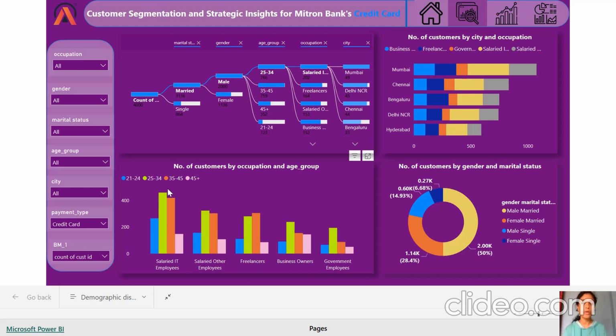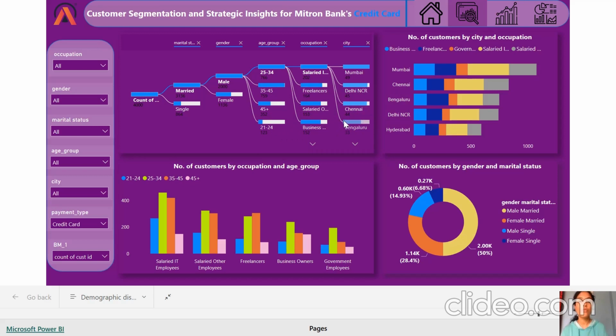In every occupation, 25 to 34 and 35 to 45 age group customers are more compared to the other age groups, 21 to 24 and 45 plus. Overall, the strength of customers is more in 25 to 34 and 35 to 45, then 45 plus, and next 21 to 24.